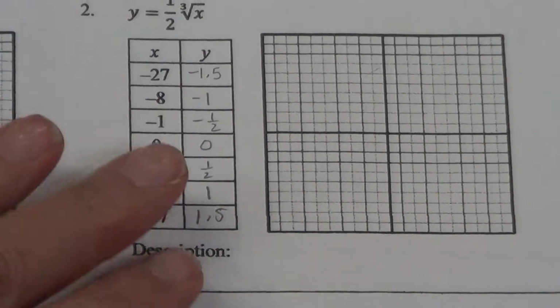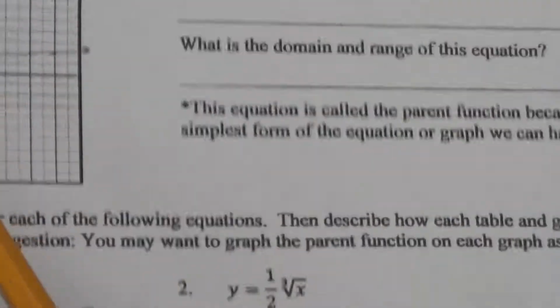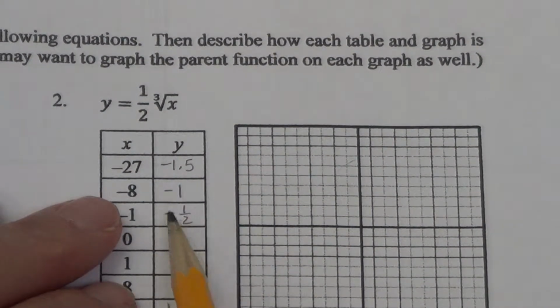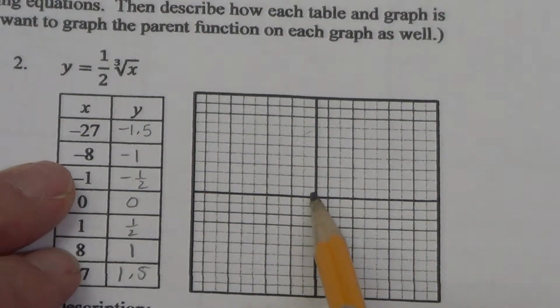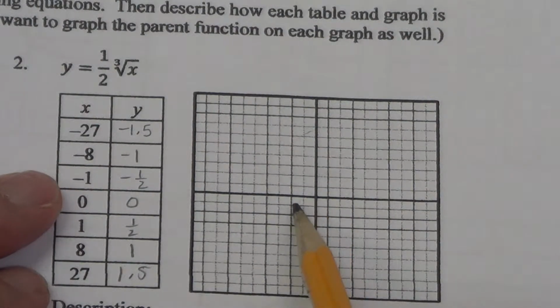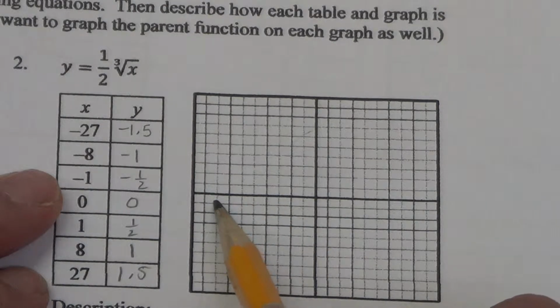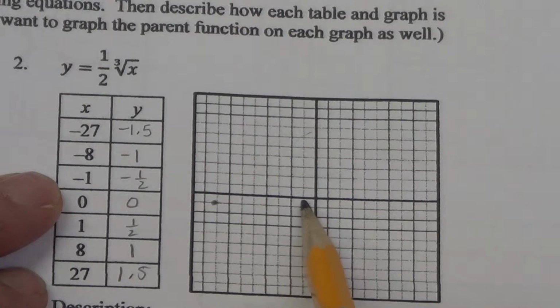The calculations for the 1/2. Again, you can take either the values from the parent graph and cut them in half, or you can recalculate them. These are the points that you would get. And so when we graph that, again, we notice that out here at -8, it's -1. At -1, it's 1/2.